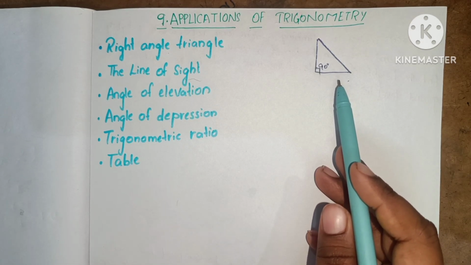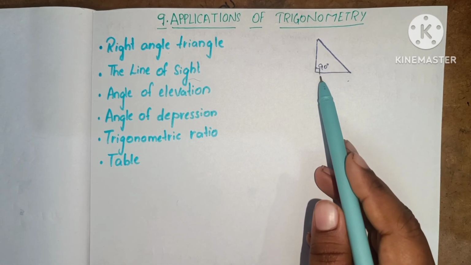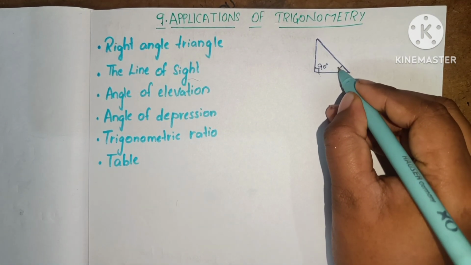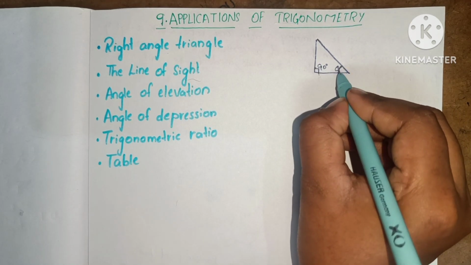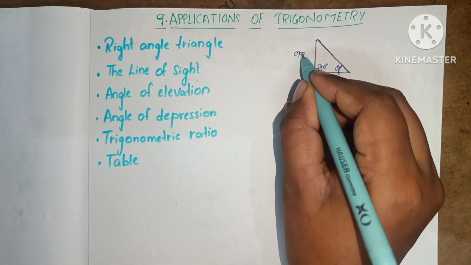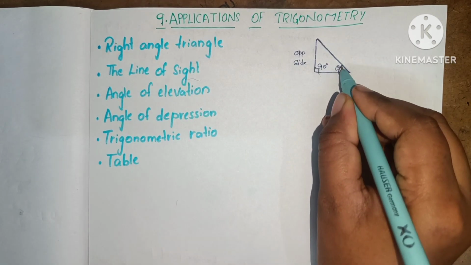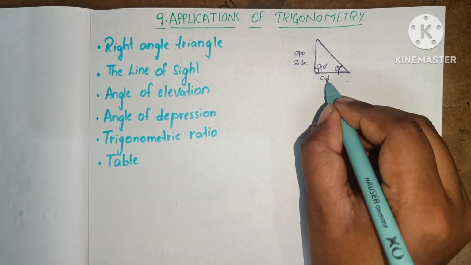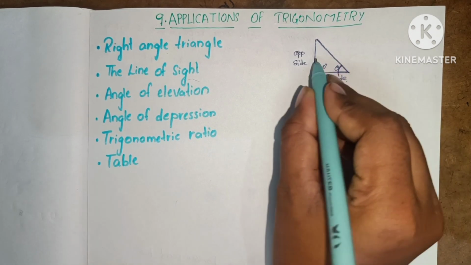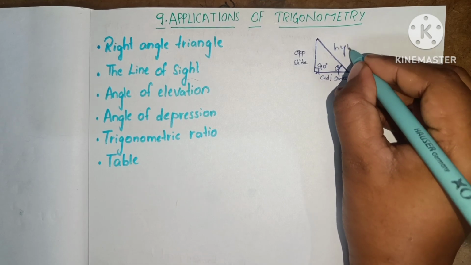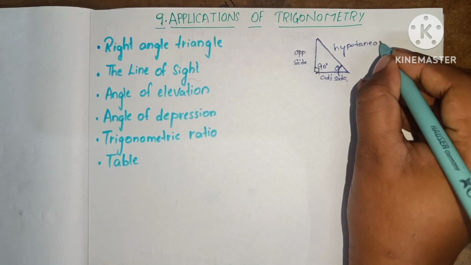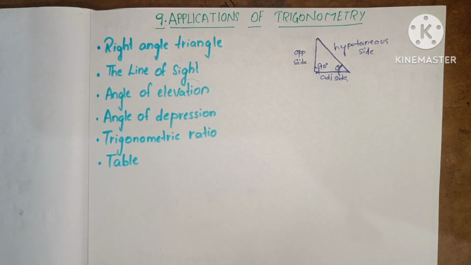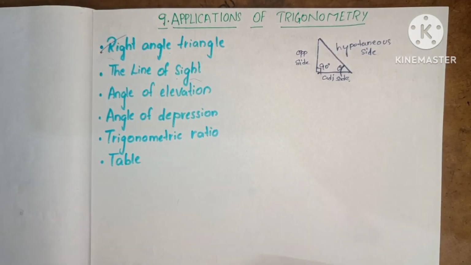If you take this angle as theta, the side opposite to this angle is the opposite side, and the side near to theta, the closer line to theta, is the adjacent side. This slant line you call the hypotenuse, which you learned in the previous trigonometry concept, right?